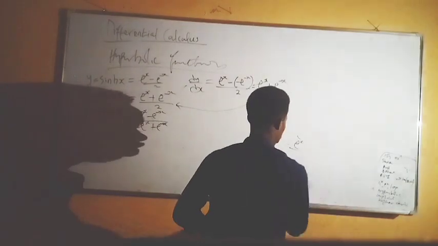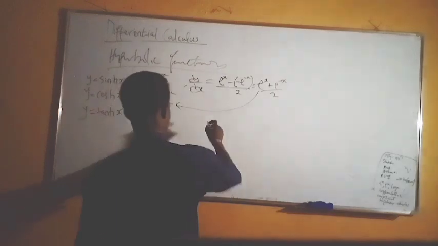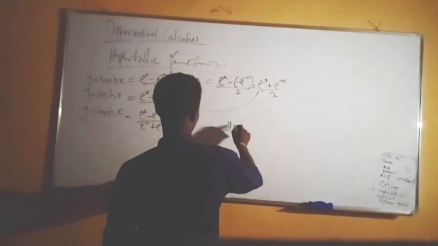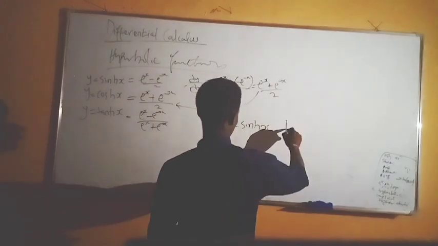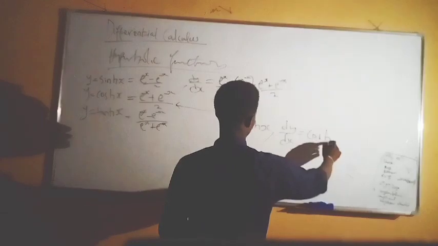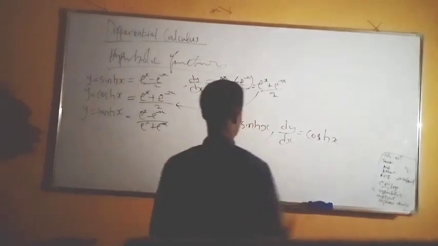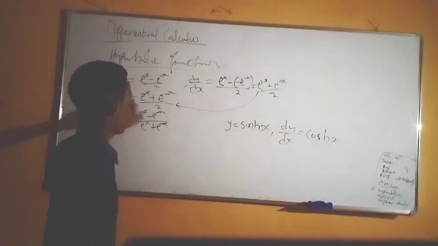If we differentiate the hyperbolic sine, if y is equal to sinh x, it means that dy/dx is cosh x. Let's differentiate cosh x.